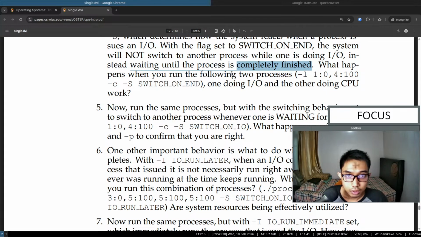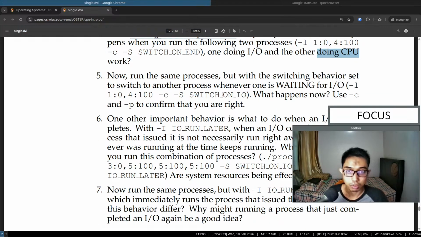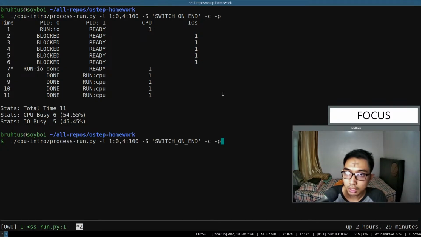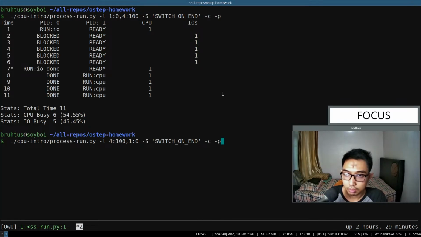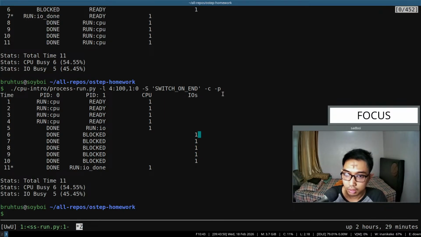What happens when you run the following two processes? Okay, we already did that, right? One doing input-output and the other doing CPU work. It kind of becomes the same. Let me switch this. Kind of the same like this, right? The difference is that one process is already done.